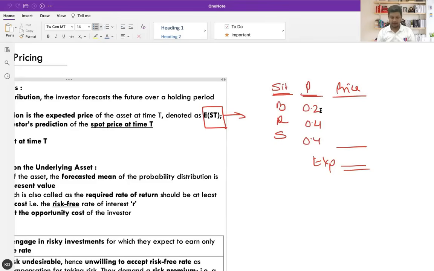Clear? Now that expected price will be different for all different investors, isn't it? Because every investor perceives the market in their own manner. Am I correct? So expected ST means the spot price on maturity, as expected by me, which is nothing but the future price, right?